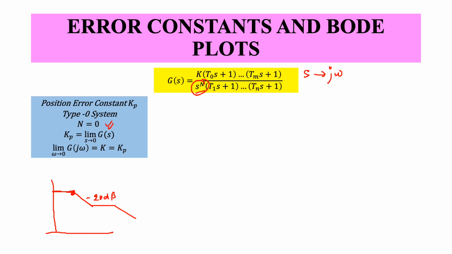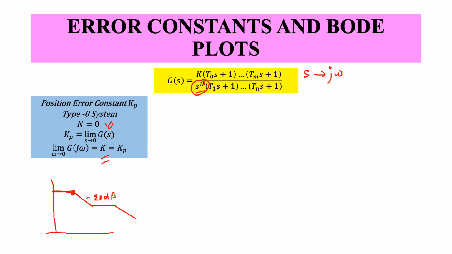So how do we define K? The position error constant is the limit as s goes to 0 of G(s). The same thing I can say for the limit as omega goes to 0 of G(j omega), that is simply K. All these other terms go away when I put omega equals 0, and what I'm left with is this K. So 20 log Kp, and K is essentially Kp.